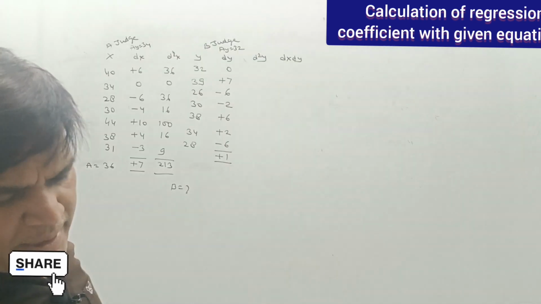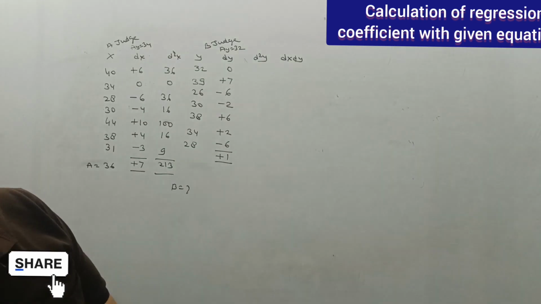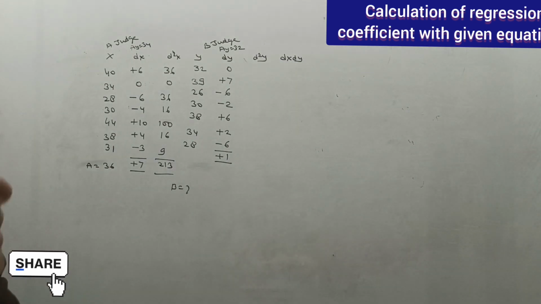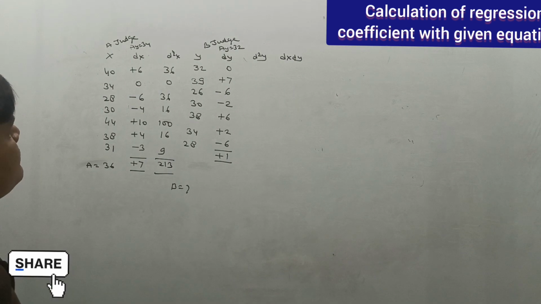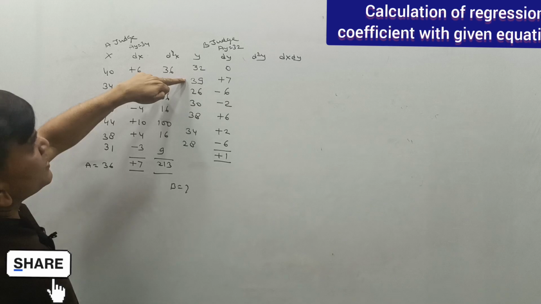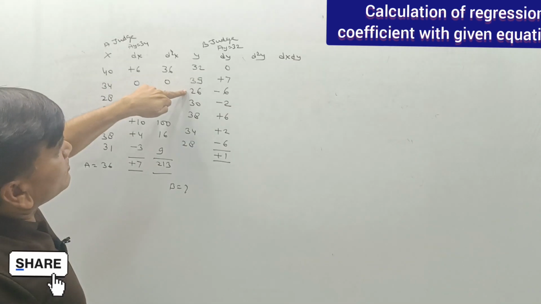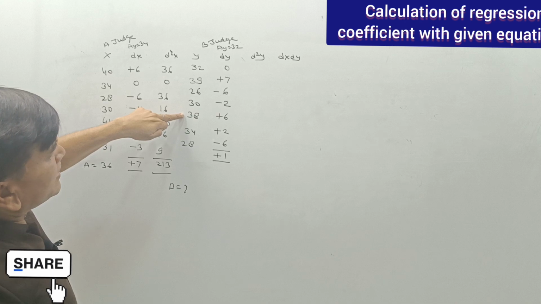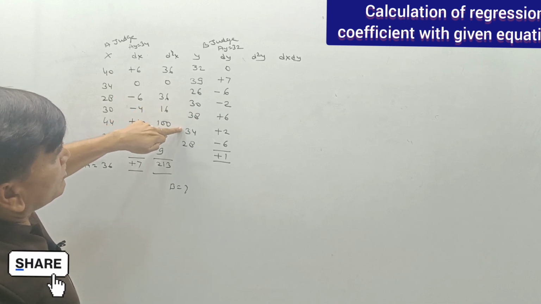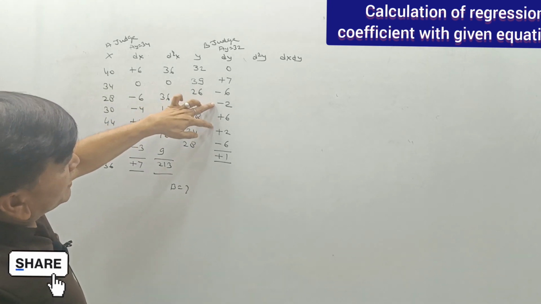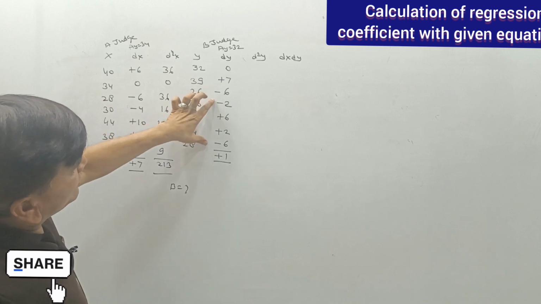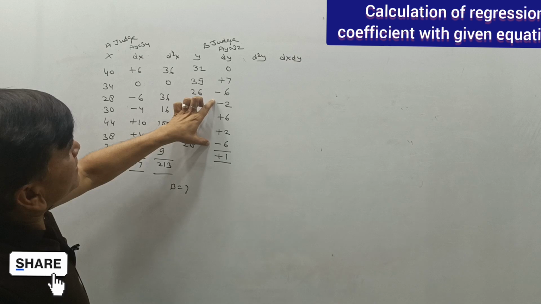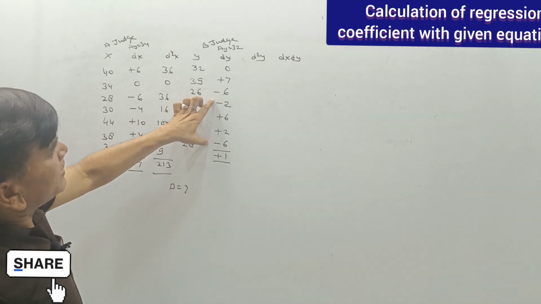So they have taken 32. 32 minus 32 is 0, plus 7, minus 6, minus 2, plus 6, plus 2, minus 6. The 2s cancel, the 6s cancel. So 7 minus 6, that is plus 1.